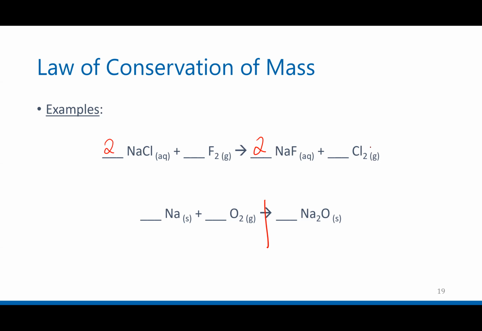And to check if you're done, I make a little list. So I say 2Na on the left, 2Na on the right. So that's good. I have two chlorines on the left. Okay, and that's good. And I have two fluorines and two fluorines. Everything is balanced. I have two of every element.